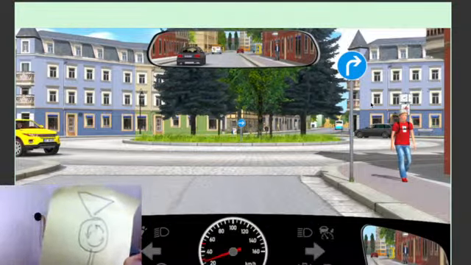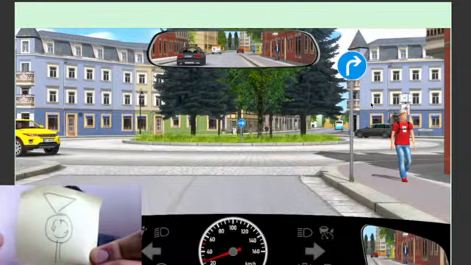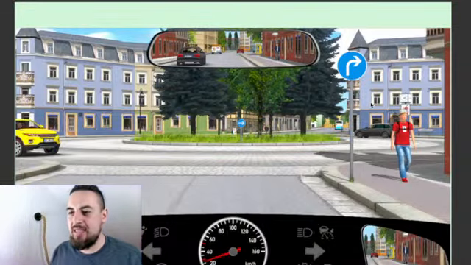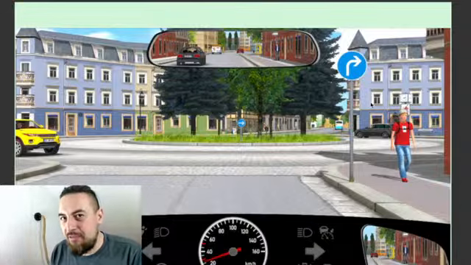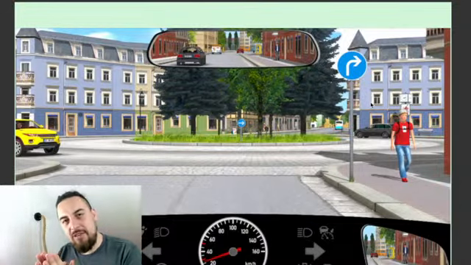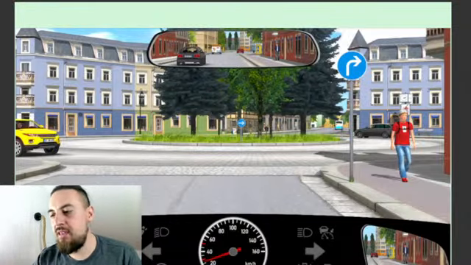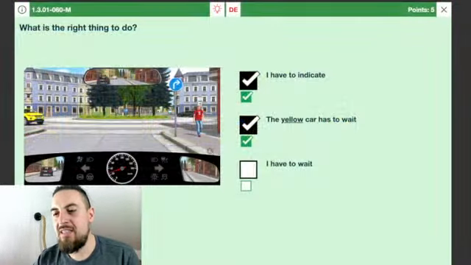A red triangle and a blue sign below. And if this sign is not there, then it's a normal right before left, and therefore you have to indicate while turning. And because the yellow car is on the left, he has to wait for us.